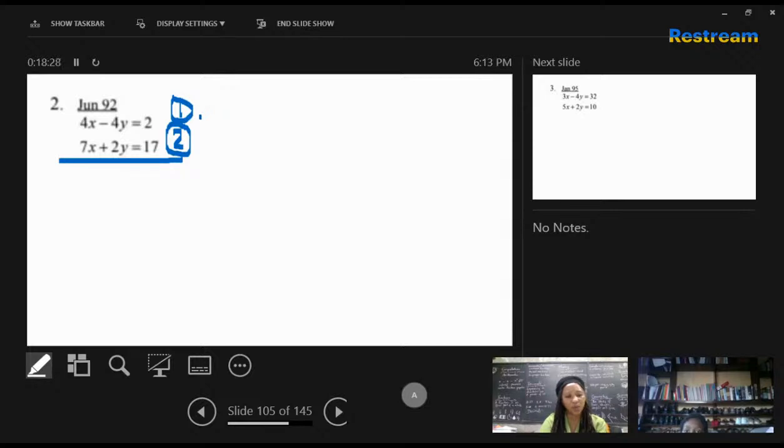We don't multiply by the y, we just multiply by the coefficients. So you're multiplying equation 1 by 2 and equation 2 by 4.